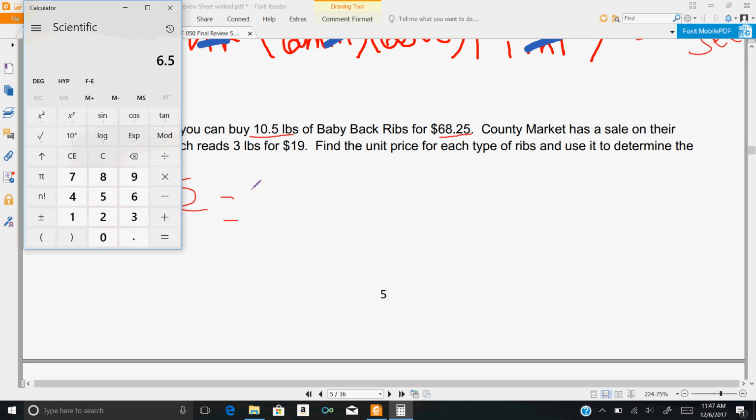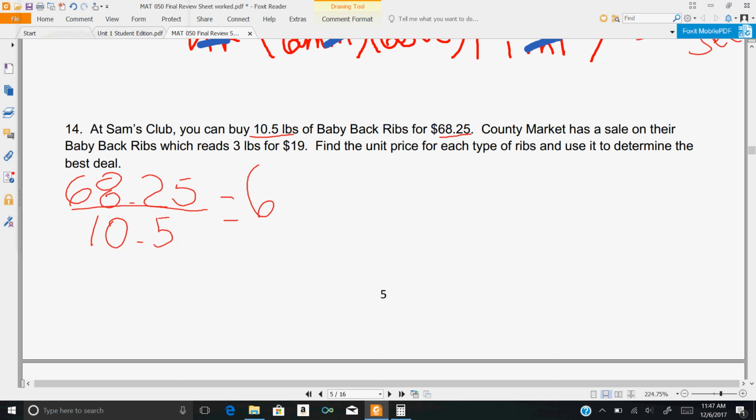So I end up with 6.5. This is dollars per pound.